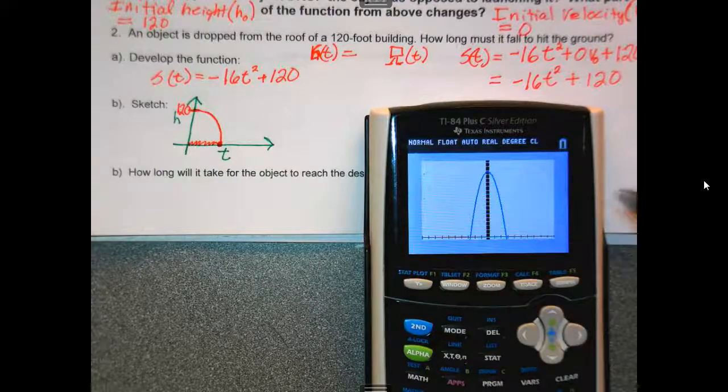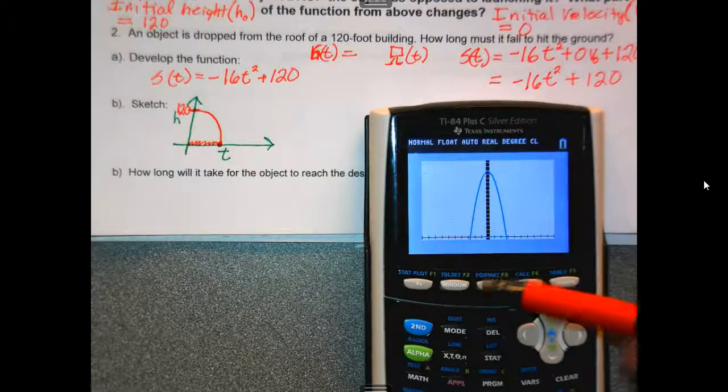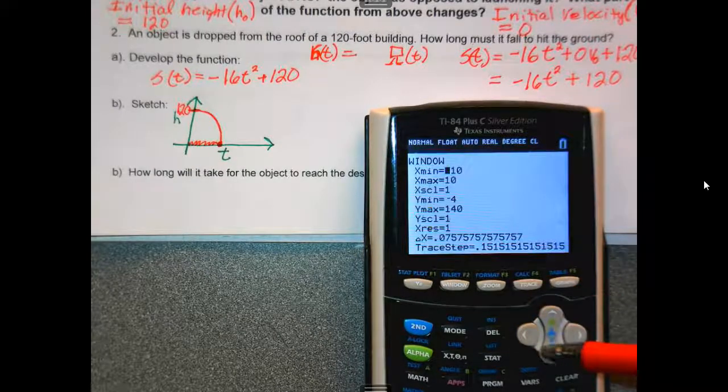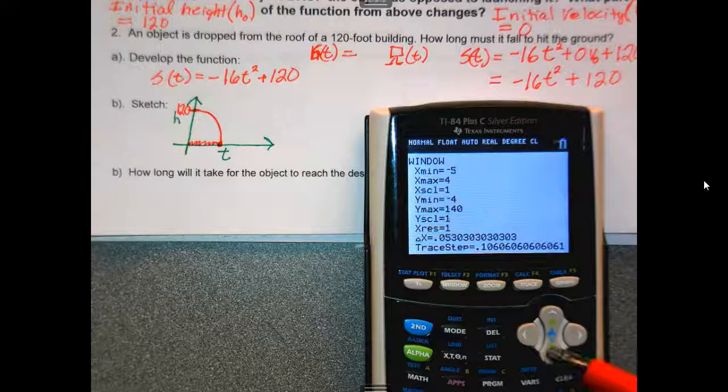So I'm going to put my x max, I don't know, 4. Okay, so I'm going to go back to my window. I'm going to put my x max at 4. And I really don't need to go out to negative 10. I'm going to go out to negative 5. And I'm going to change my y min to negative 5, because I want to see my cursor underneath the x-axis.